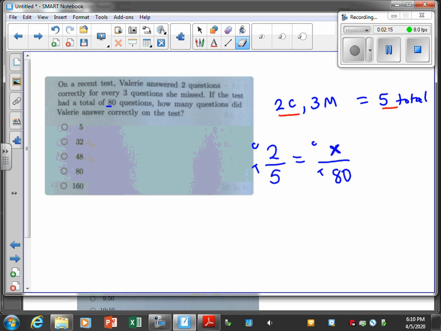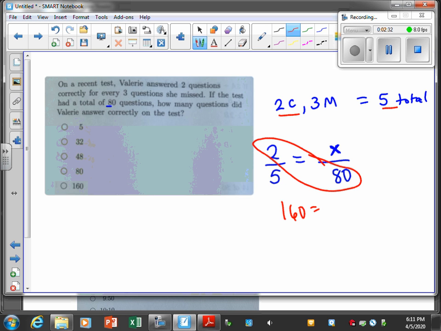Okay, so with proportions, the most important thing is that you have to keep it consistent. If you do correct over total, it has to be correct over total. So line them up, and then from this point, you cross multiply and solve. So 80 times 2 is 160 is equal to 5 times x, and then you solve for x, so divide both sides by 5, and 32 is equal to x.